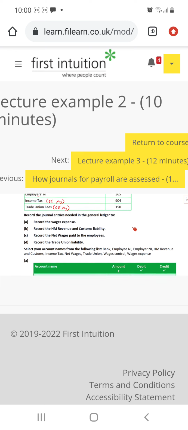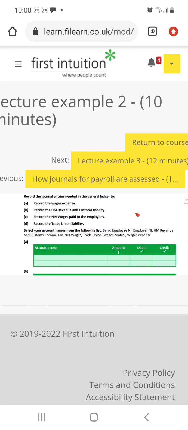What have we got to do? Part A, recording the wages expense. Remember, the whole point about the wages expense is it's any gross wage plus any employer's national insurance plus any employer's pension. So that's what I'm looking to do here.